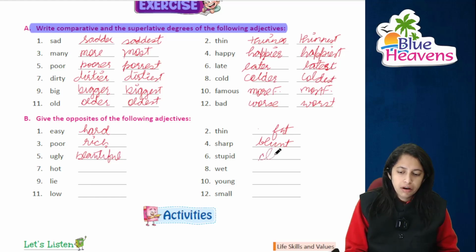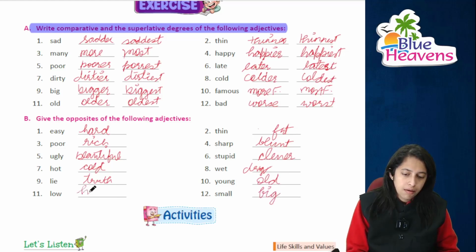Stupid, clever. Right? Hot, cold. Wet, dry. Lie, truth, young, old, small, big, and low, high.